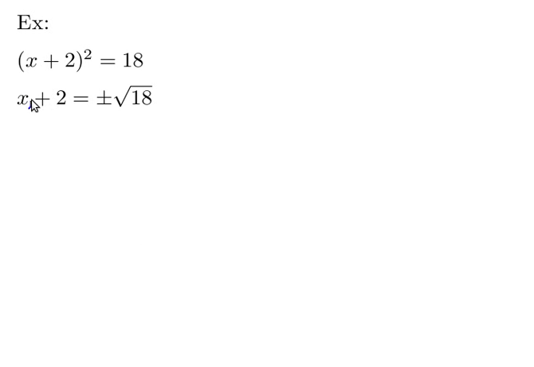Okay, so x plus 2 equals plus or minus the square root of 18. But we're not solving for x plus 2, we're solving just for x. So we want to get x by itself. To do that, we now need to subtract 2 from both sides. Now, whenever we have a plus or minus and we want to subtract or add something from it, what we usually do is we put this in front of the plus or minus.